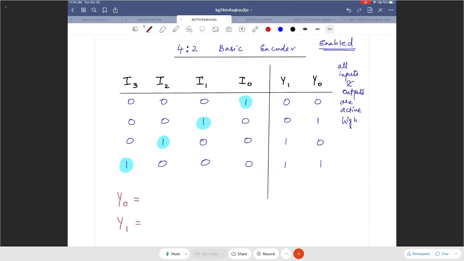Y0 is 1 in only two situations. I1 has to be on or I3 has to be on. So you would literally write I1 or I3 for Y0.